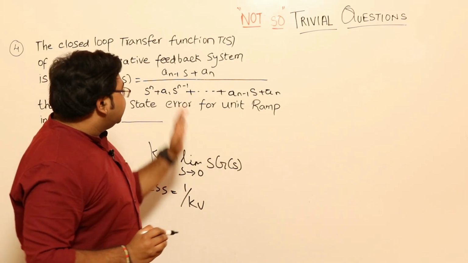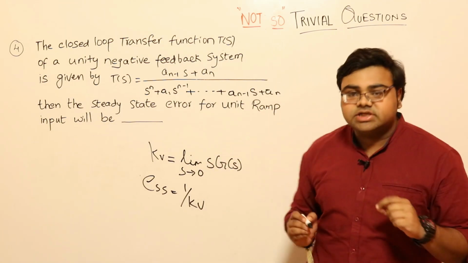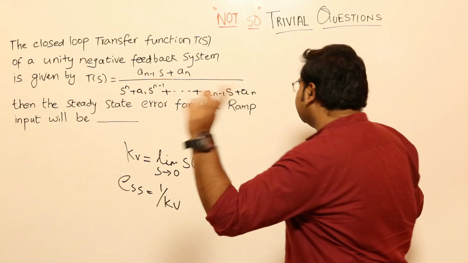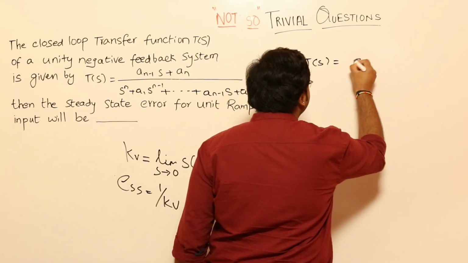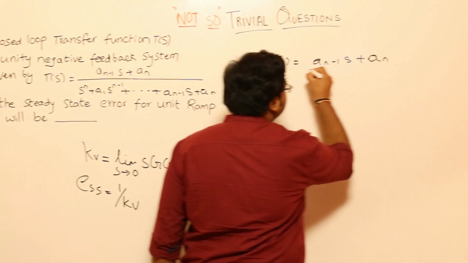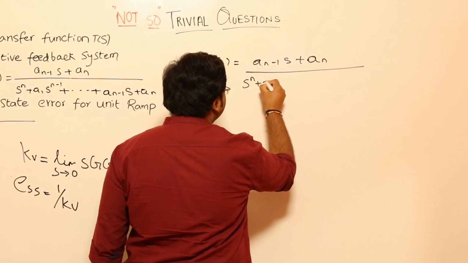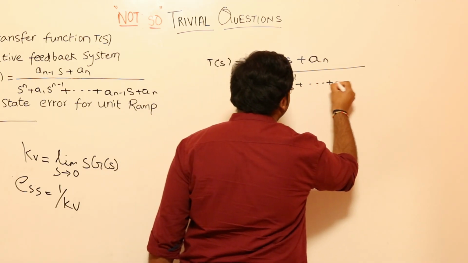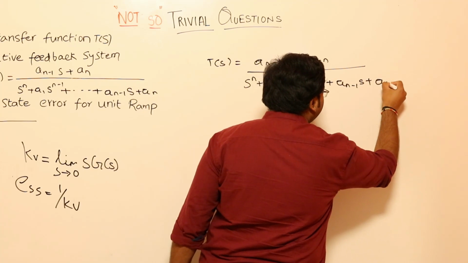To find that, consider this entire transfer function. Let me rewrite it over here. Please observe. My T(s), which is my transfer function, is a_n minus 1 s plus a_n, whole thing divided by s^n plus a_1 s^(n-1) plus so on plus a_(n-1) s plus a_n.